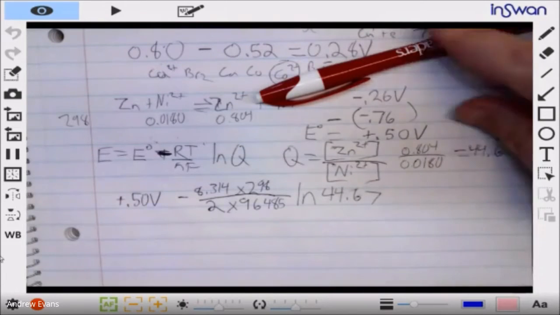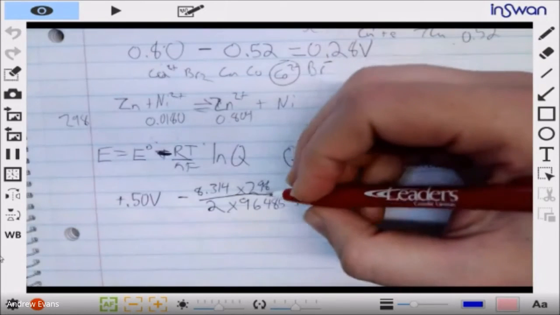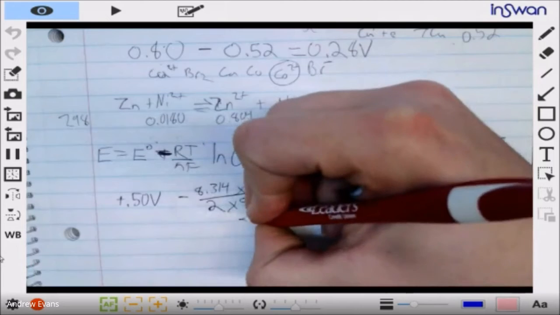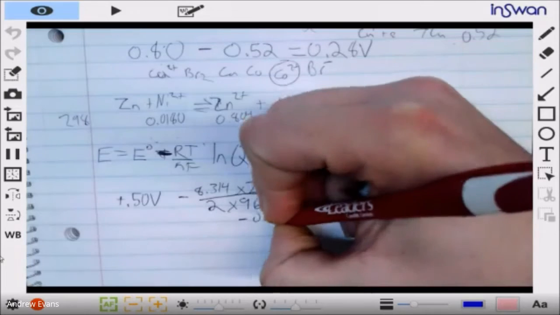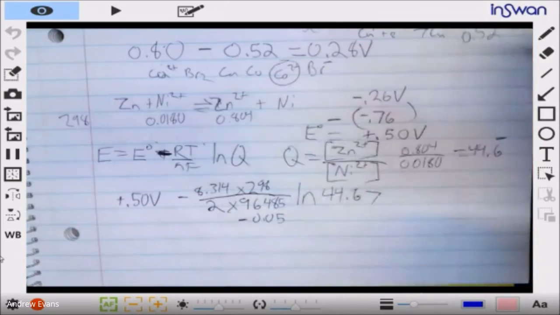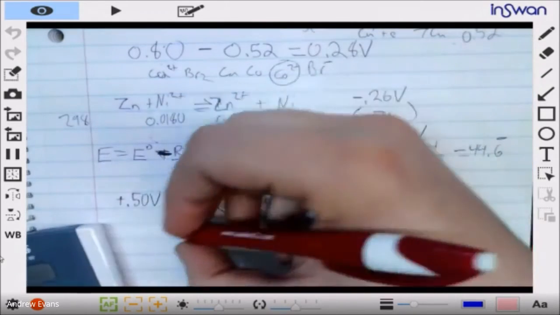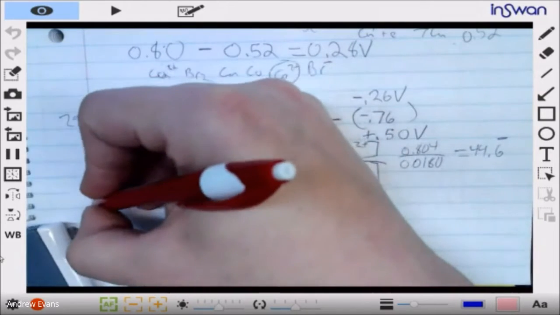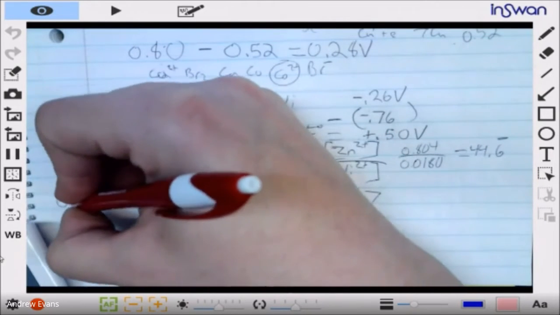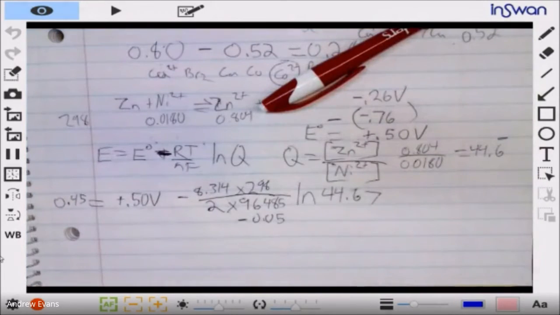In this particular case, it's going to be minus 0.0487. But the E cell then becomes 0.45. The voltage has dropped by a fractional amount.